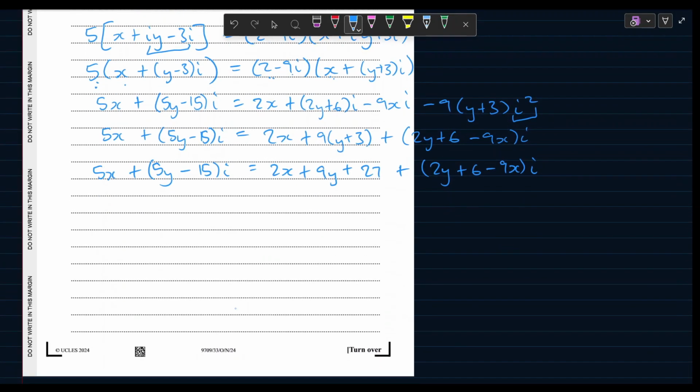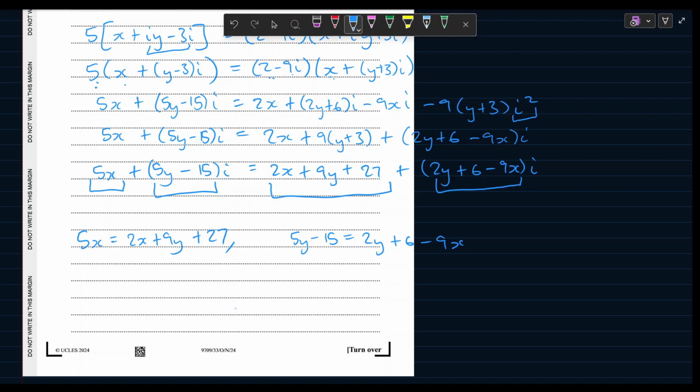Two complex numbers are equal if and only if both the real and imaginary parts are equal. So we can equate the real part on either side. So that's 5x is equal to 2x plus 9y plus 27. And we can equate the imaginary parts. So 5y minus 15 is equal to 2y plus 6 minus 9x.